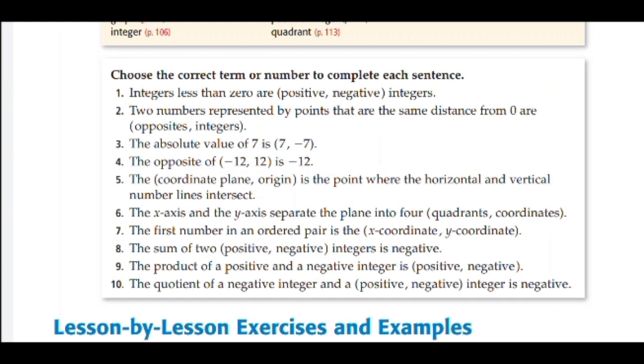The sum of two negative integers is negative. 9. The product of a positive and a negative integer is negative. 10. The quotient of a negative integer and a positive or negative integer is negative.